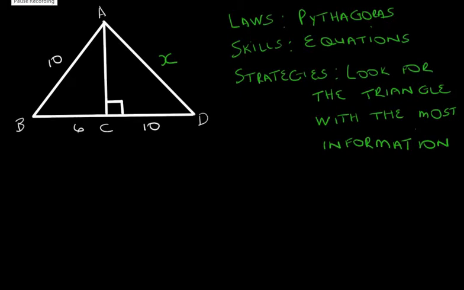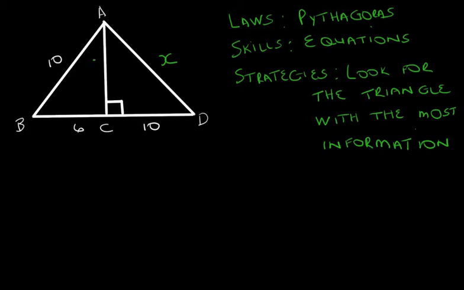So let's look at our laws, skills, and strategies for these two triangles on our left. For laws, we need to know our theorem of Pythagoras. The skill set that we need is to also know how to do equations. And then strategies: in these two triangles, we are going to look for the triangle with the most information and solve that triangle first. If you look at triangle ABC and triangle ACD, which triangle has more information?